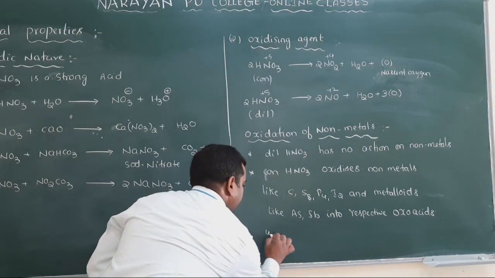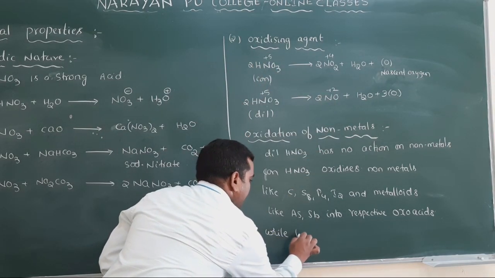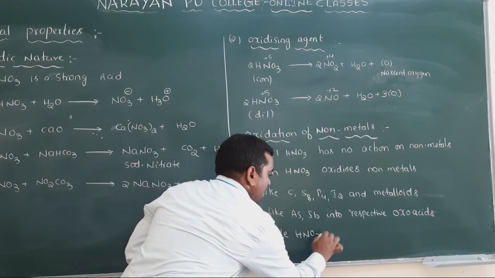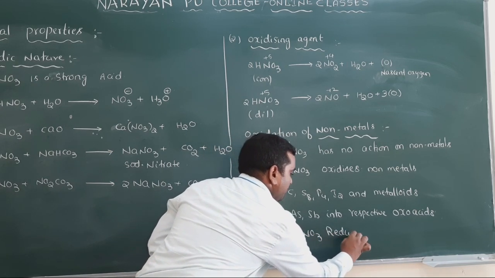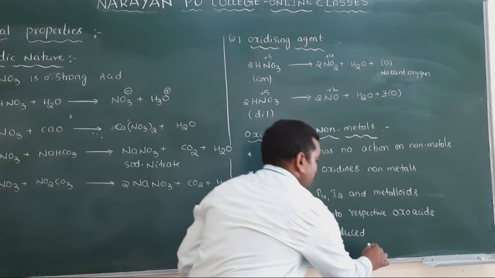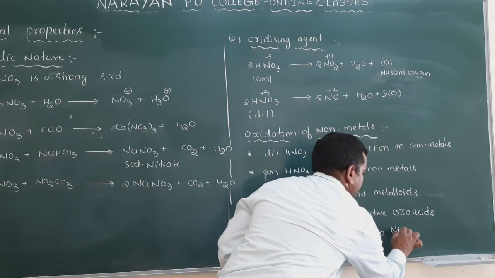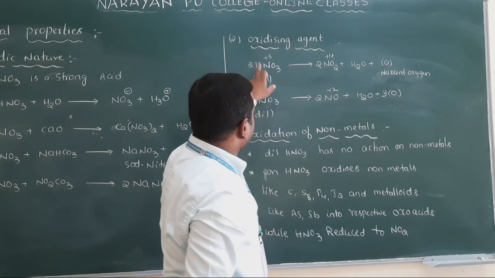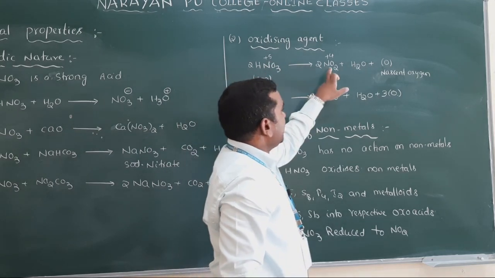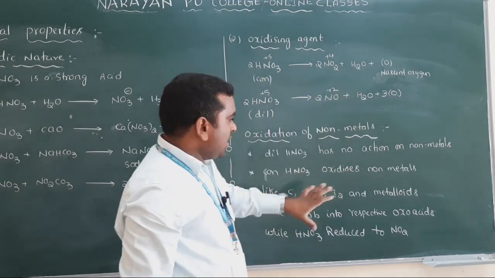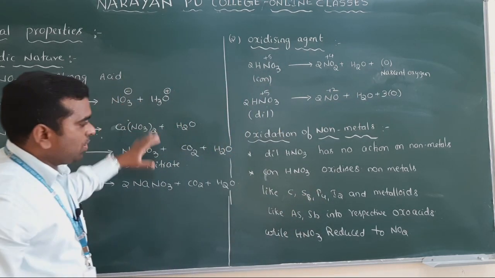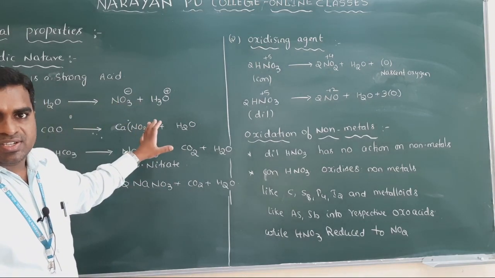NO2. While in this process HNO3 is reduced to NO2, because whenever concentrated HNO3 acts as an oxidizing agent, it should be reduced to NO2. And we will discuss here one by one what the reactions are.